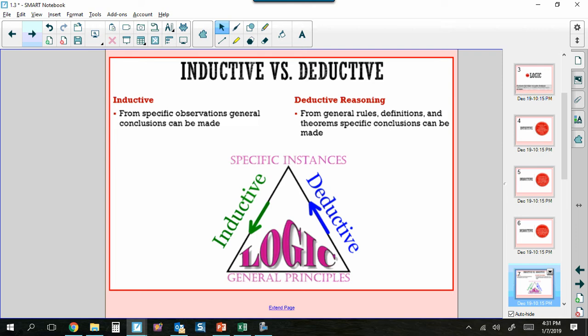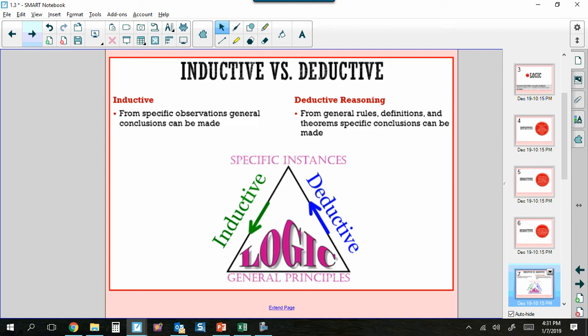Inductive, again, is if you take one person and you assume all of their friends are going to be similar to that. Like you've heard all the time, if I'm smart, then all my friends must be super smart too. Or if I love math, all my friends must love math too. That would be inductive reasoning.